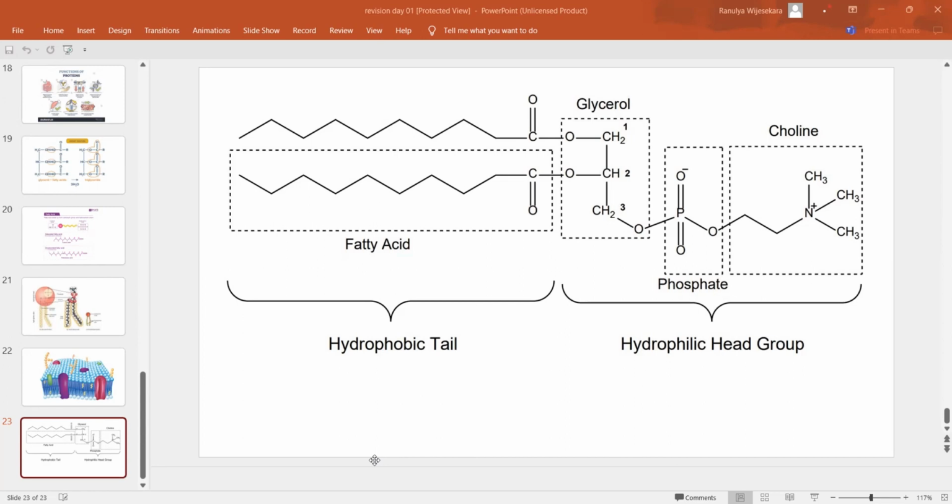Next point, hydrocarbon chains of fatty acids contribute to the hydrophobic nature of fats.